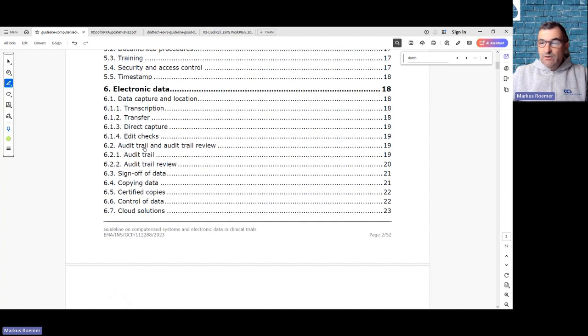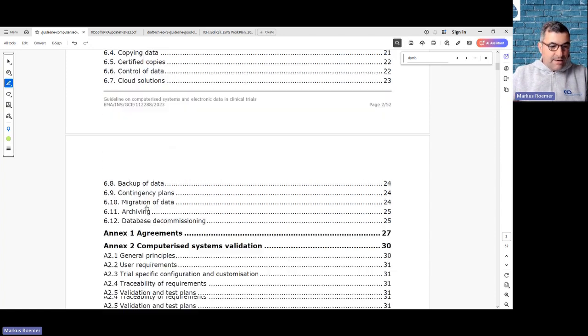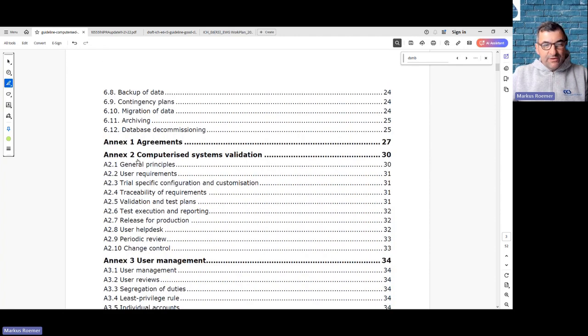Here also with our good old friend audit trail, in a different meaning than in GMP, the sign-off of data, copying data. Then they work with different annexes, like what kind of agreements you should have.